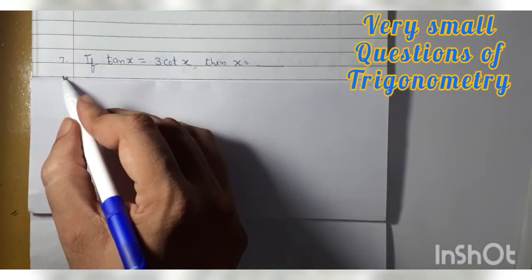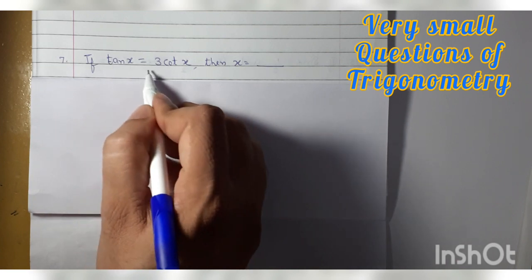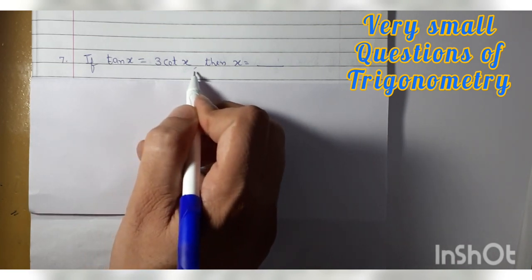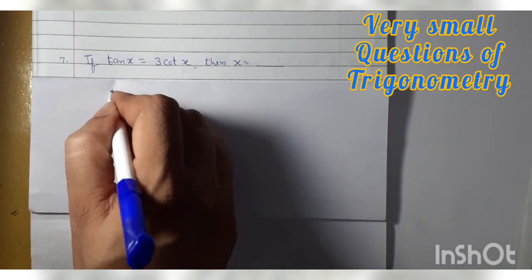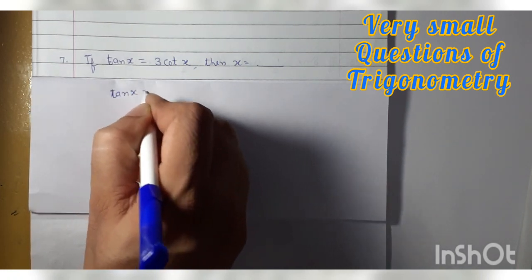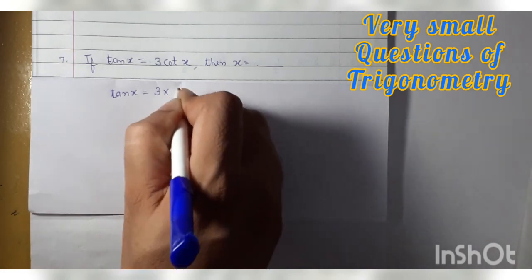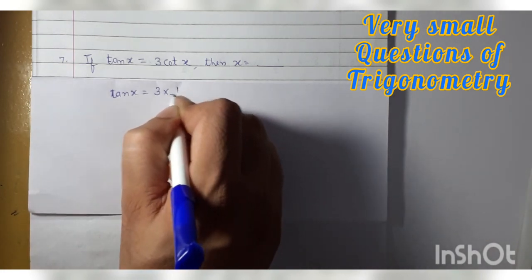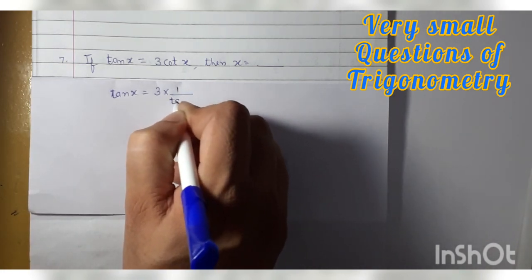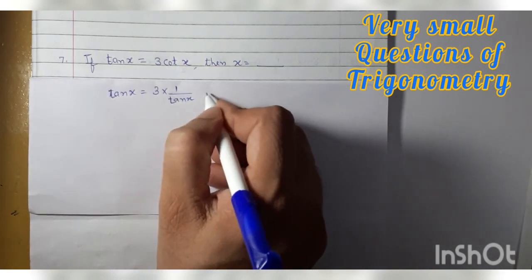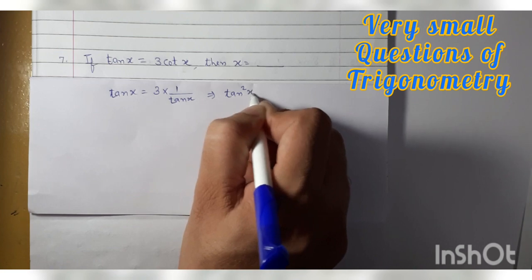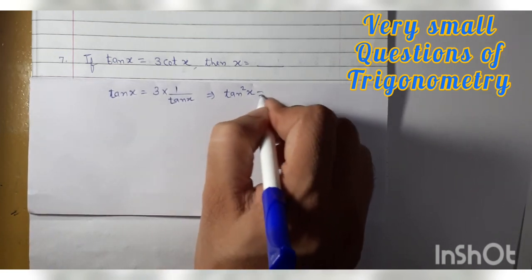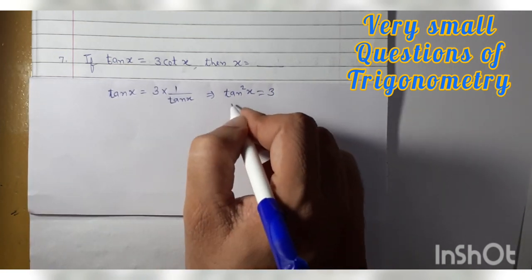Question number 7. If tan x is equal to 3 cot x, then you have to find the value of x. Okay, I am writing tan x equals 3, cot x I am writing in terms of tan, 1 upon tan. Then cross multiply. Tan x into tan x, this will be tan square x is equal to 3.